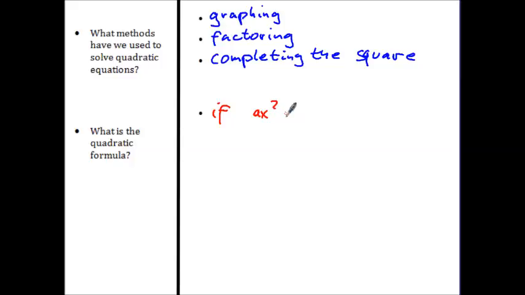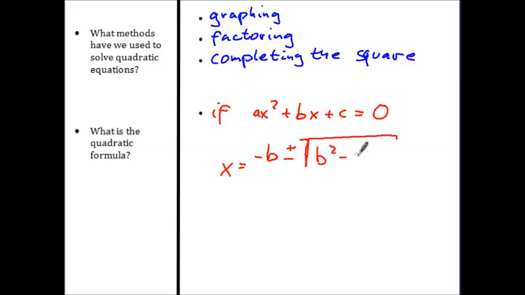So if ax squared plus bx plus c is equal to 0, and the equal to 0 is the important part here, then our solutions will be negative b plus or minus the square root of b squared minus 4ac all over 2a.